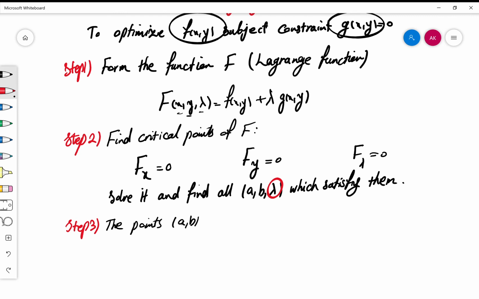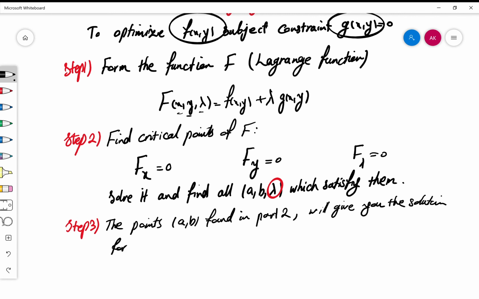The points (a, b) found in step 2 will give you the solution for the original constrained optimization problem.